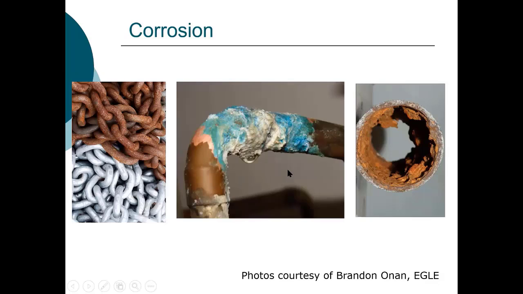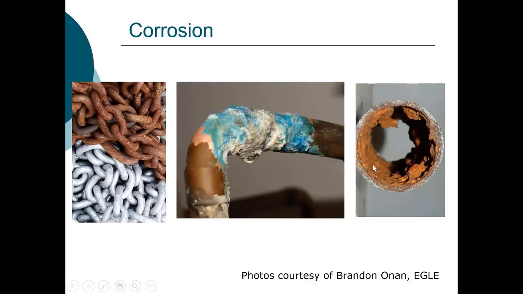In this case, this is a copper pipe, and the copper is oxidized to produce a cupric oxide, and that's the green color that you see here. So the copper is oxidized, something has to be reduced. We'll look briefly at some of these reactions.